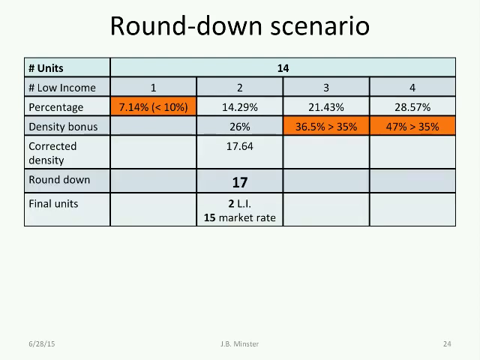So to apply the density bonus, we take the original number of units, apply the 26% density bonus to get something slightly in excess of 17 units. We have to round down in this scenario to 17 units, which essentially consists of 2 low-income units and 15 market rate units.